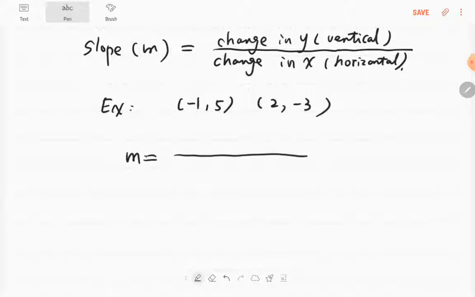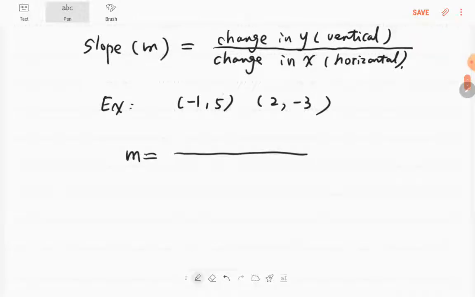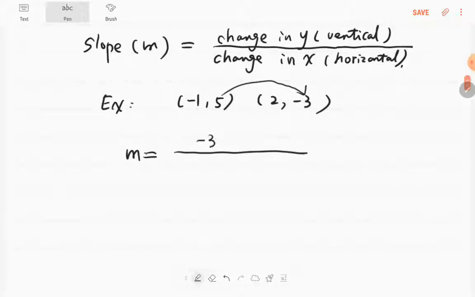So by the definition, if this is point 1, or let's say point A or anything else, and this is the second point, we want to find the change in y. So we find 5 is changed to be -3. If it's our start point, this is the ending point. So we will use -3 minus 5.